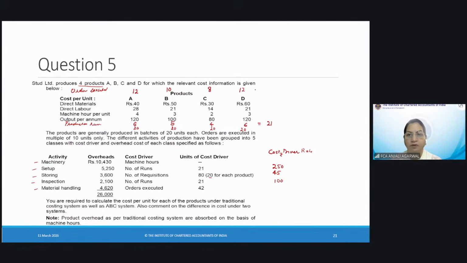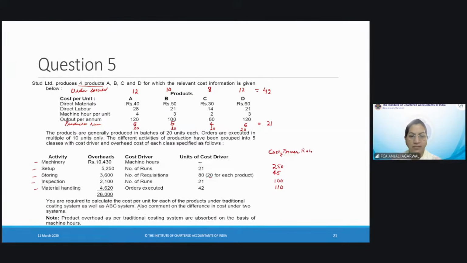So total number of orders executed would be 12, 10, 8, 12, total 42, which is given also. So 4620 divided by 42, it's 110.